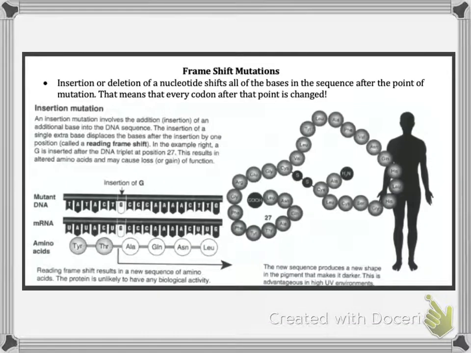All right, so let's learn about the other type of mutations, which are frame shift mutations. So we had substitutions, now we have frame shifts. Frame shifts come in one of two forms. They're either insertions or deletions. And what happens is when you add or take away a nucleotide, all of the bases after the point of the mutation are changed.